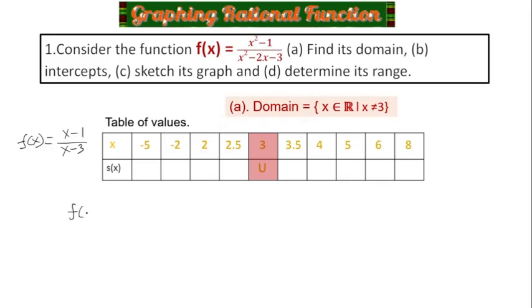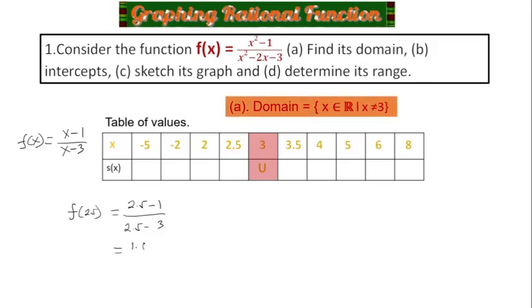So if x equals 2.5, then 2.5 minus 1 over 2.5 minus 3. So the answer is 1.5 over negative 0.5.